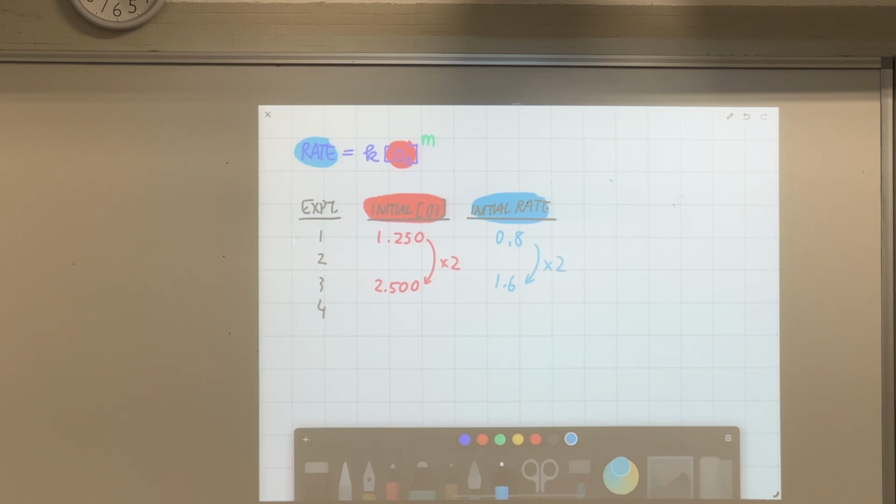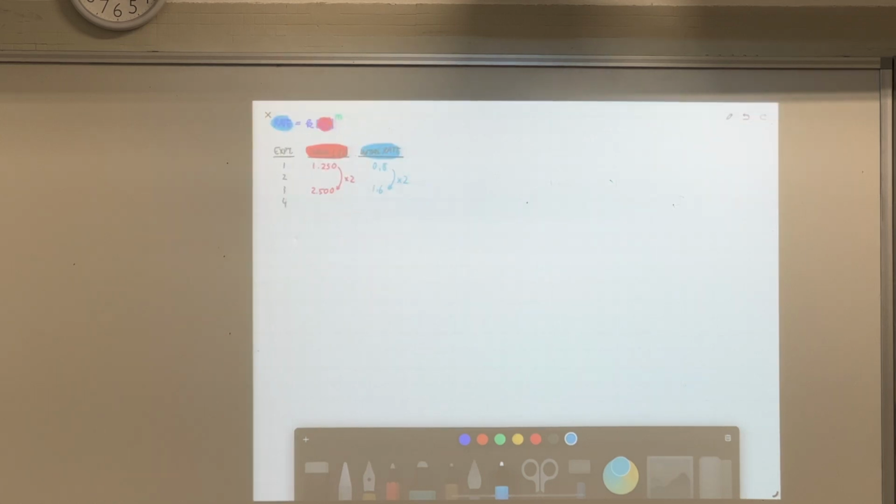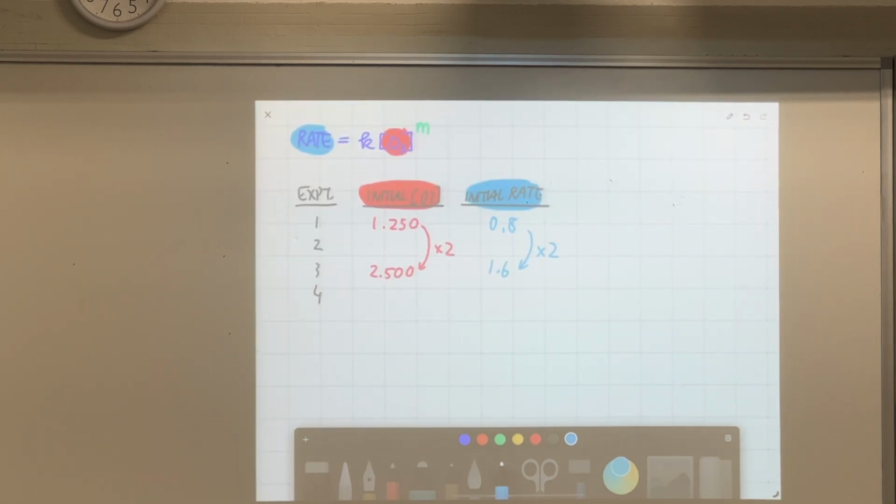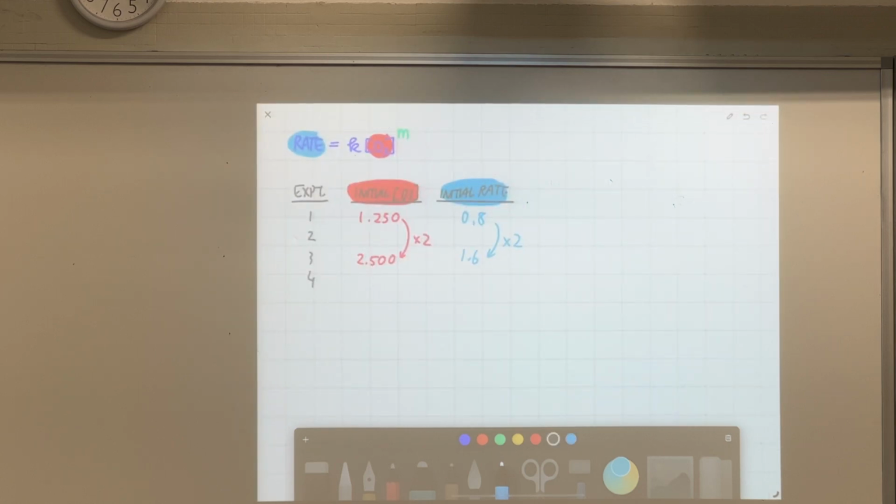That means, is this a proportional increase? Is it an exponential increase or no increase at all? Proportional. Yeah. So can you draw this? Draw a graph now. This is the rate, and this is the concentration of ozone.